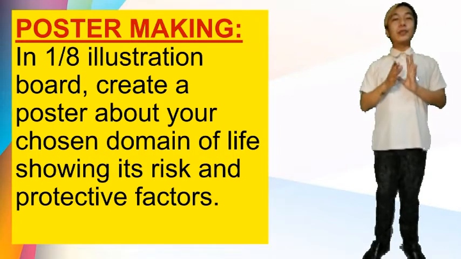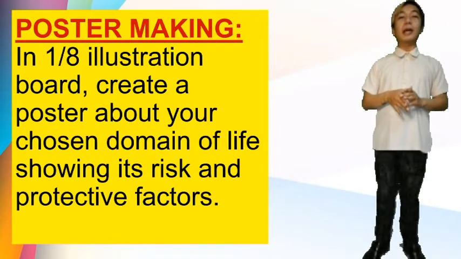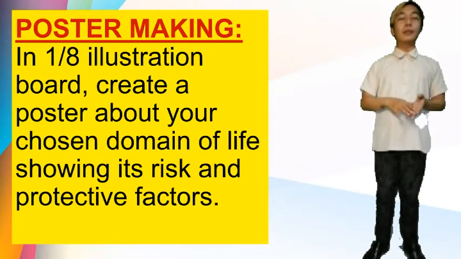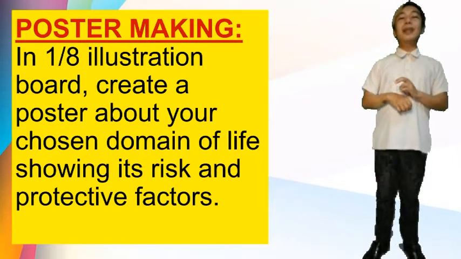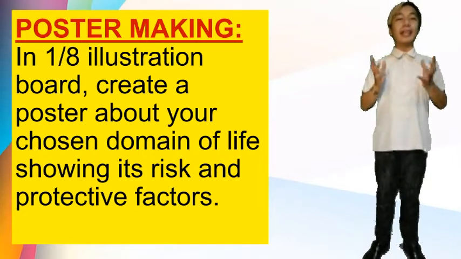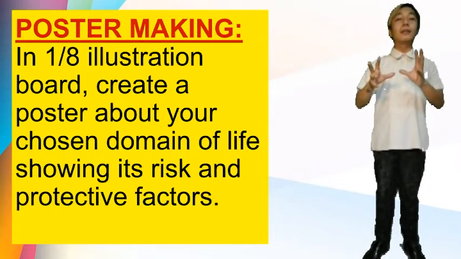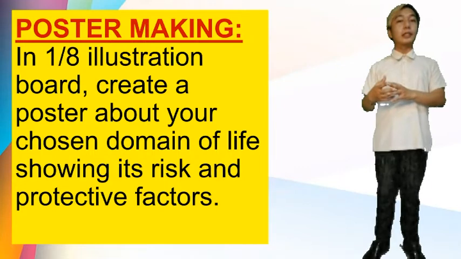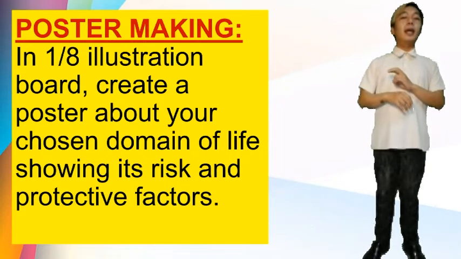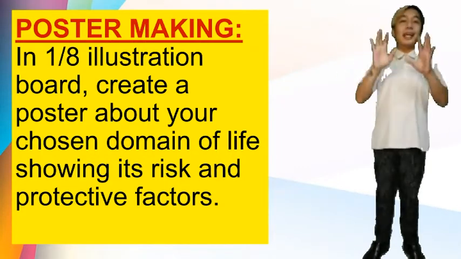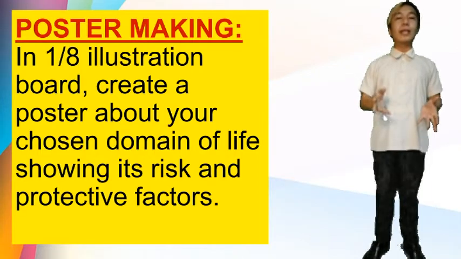In one illustration board, create a poster about your chosen domain of life, for example friend, showing its risk and protective factors. You're going to create your poster in a 1/8 illustration board.